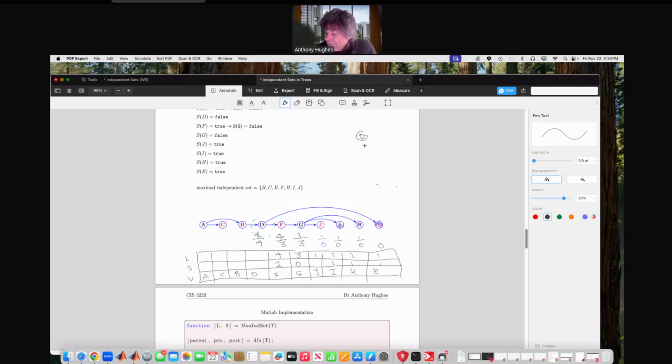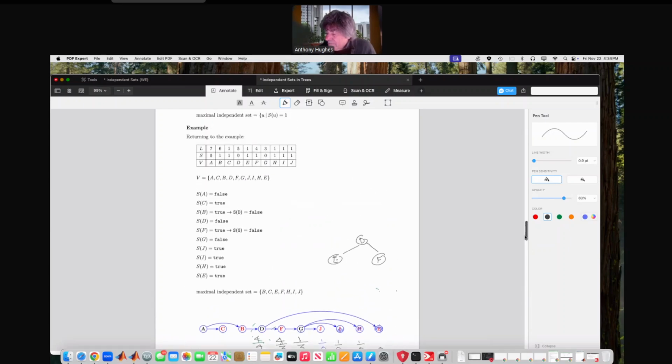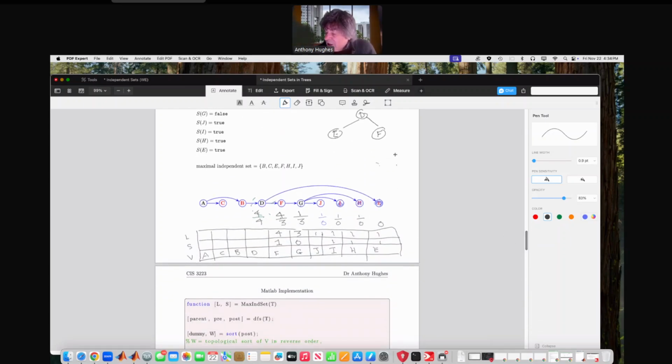I have E as a child. I also have F as a child. And F feeds down to G, which feeds down to J, I, and H.